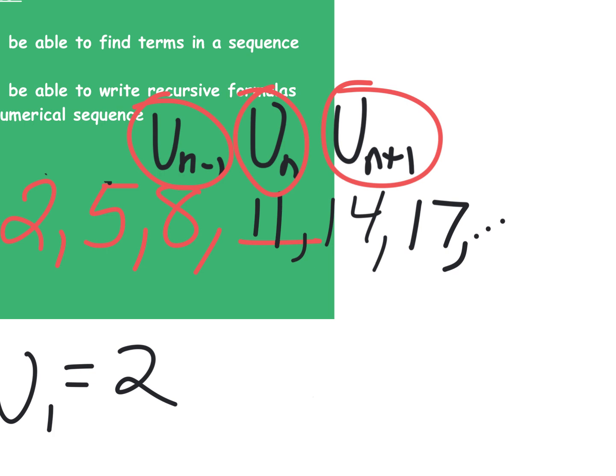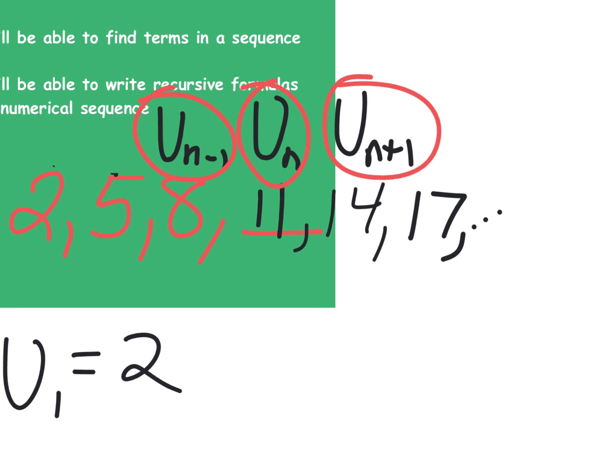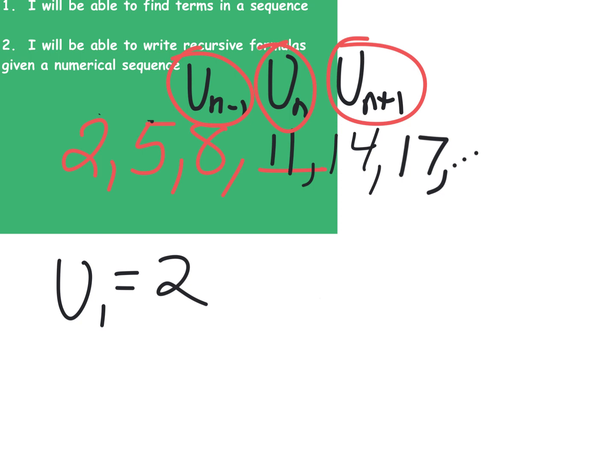Okay, now I'm going to leave those there and see if anybody understands this. A random term can be given by the term right in front of it, and then you got to tell them what to do to get the next term.